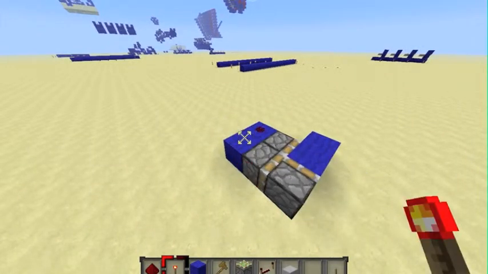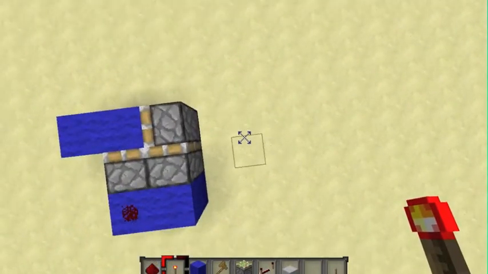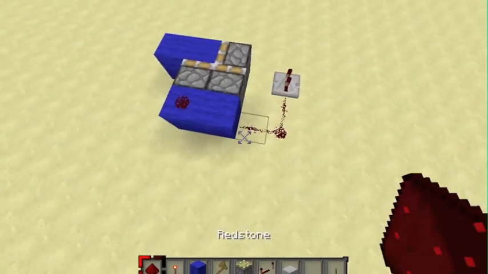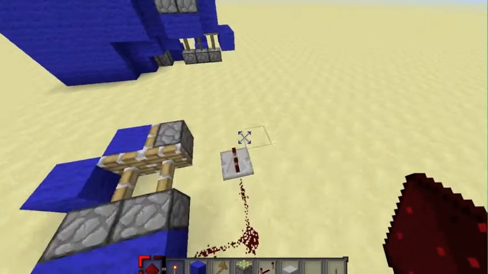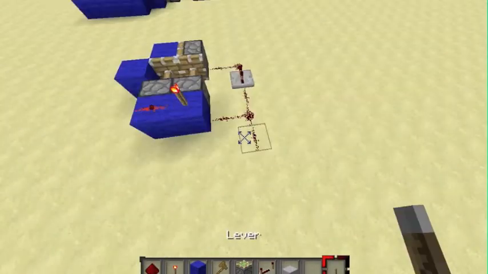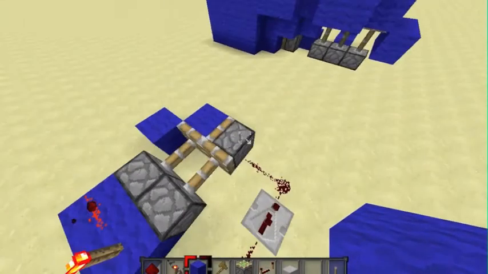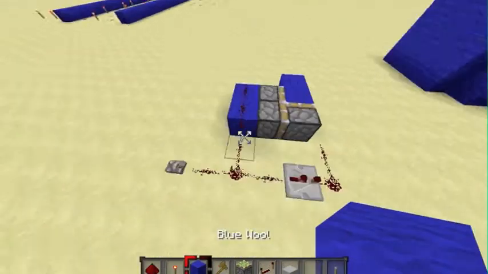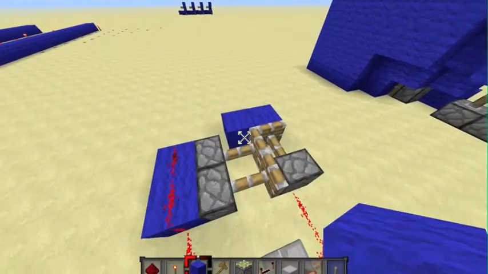Now you might be thinking, okay, that's pretty easy to do, but it's actually probably the exact opposite of what you would think it is. Because if we make a simple repeater-based delay thing that just tells this thing to extend after a certain amount of time, well, the problem is that when we're retracting it, let's say that it extends it like this, right?